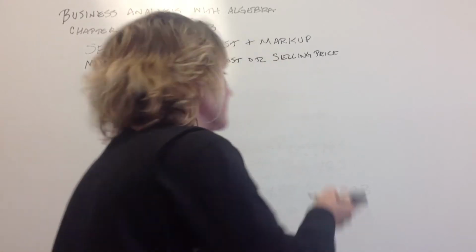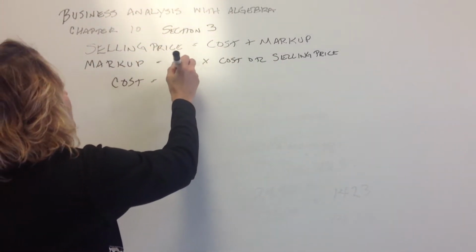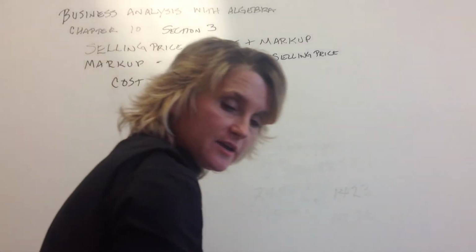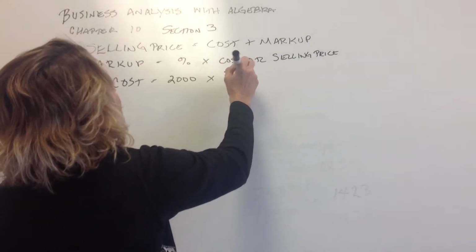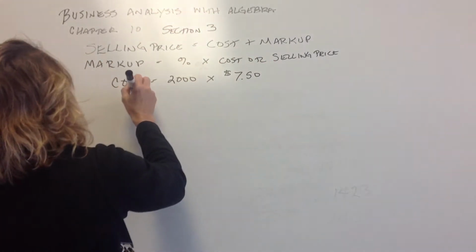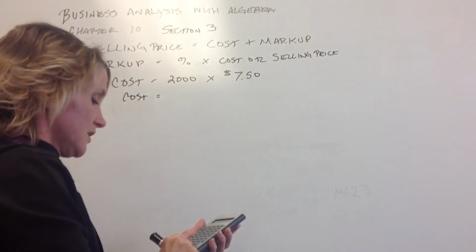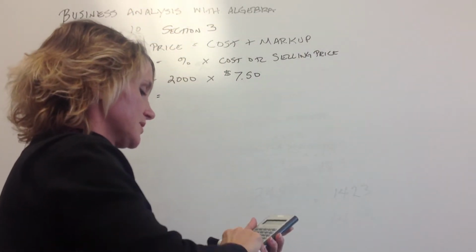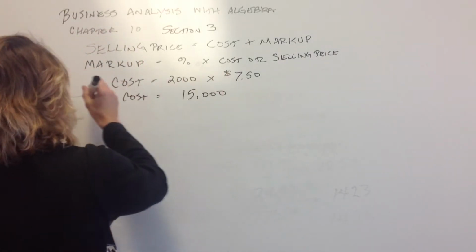So our cost is 2,000 times $7.50, for a total cost of $15,000.